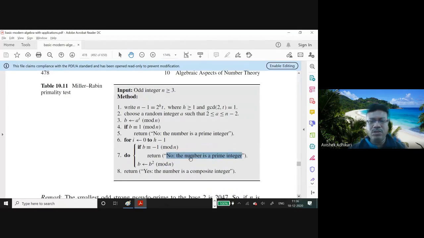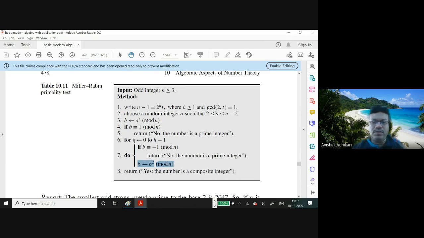Okay. Now see, when it will stop, the value goes up to h minus 1.